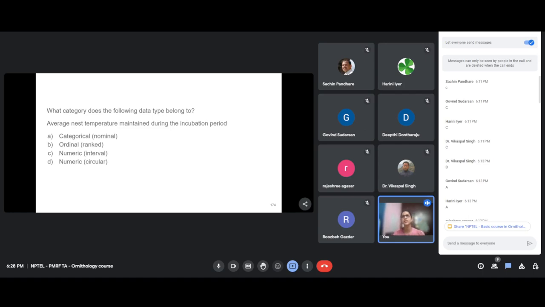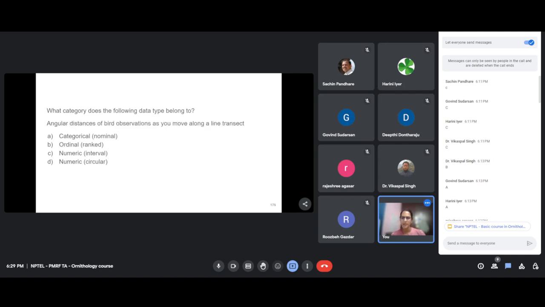It also depends on the resolution: you can have 2 decimal points, 3 decimal points, or 1 decimal point. It is still along a certain interval depending on the device you are using to measure it. So it is numeric interval data.